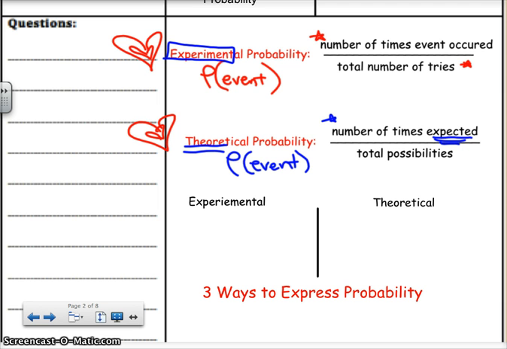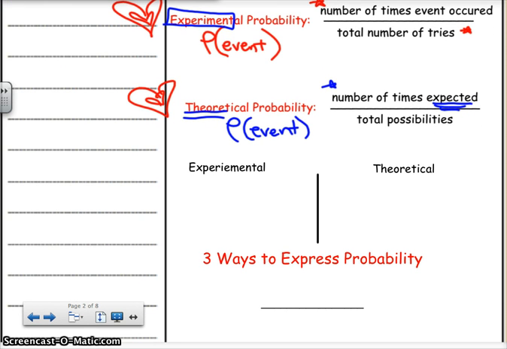Experimental, you're actively doing an experiment. Theoretical, in theory you should get, what? If you were to toss a coin, in theory you should get 1 heads for 2 flips.